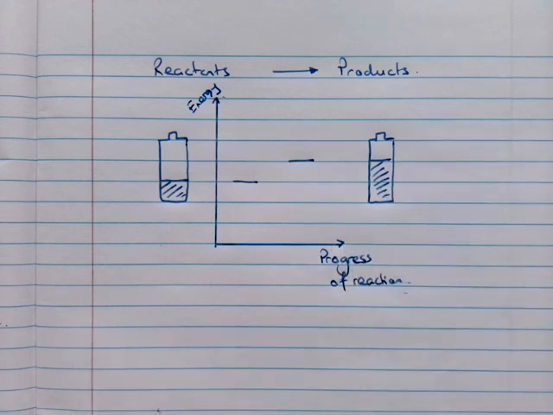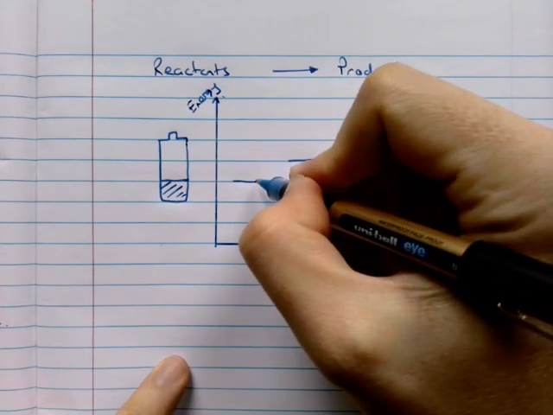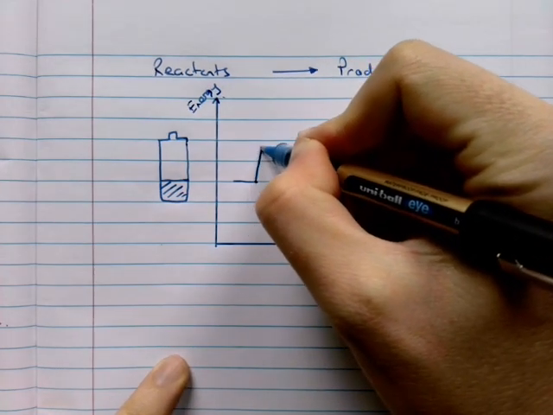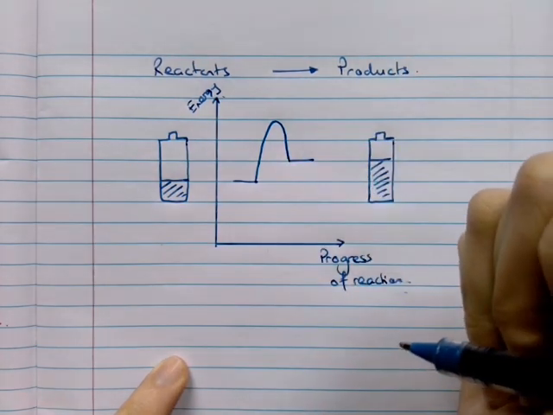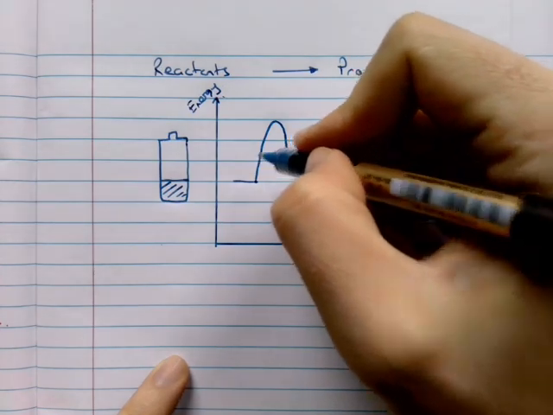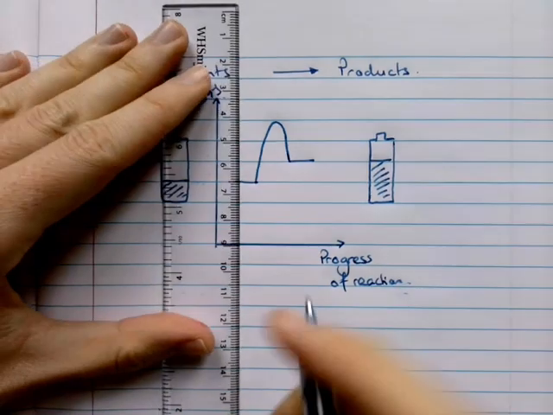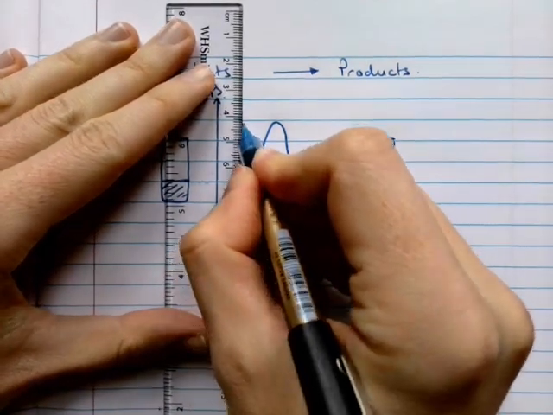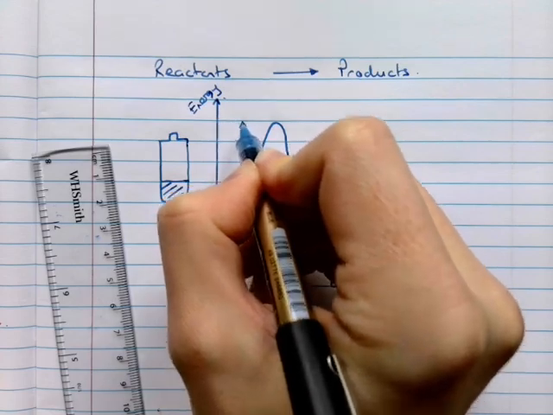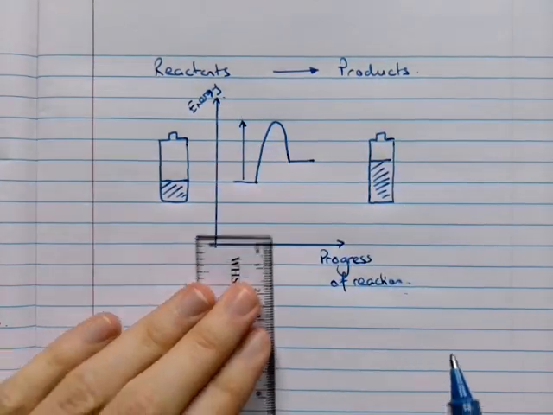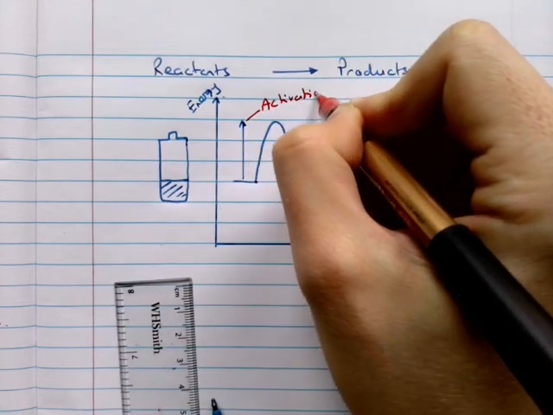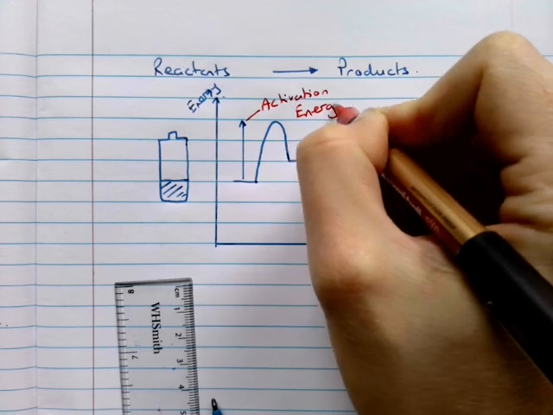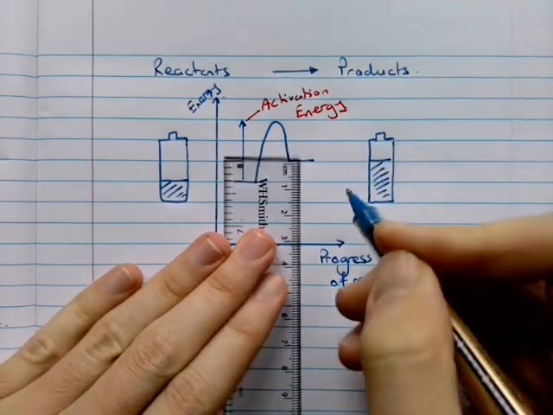So when we go from the reactants to the products, the first thing we do is we go up in energy and then we come back down. And we can say that this is the activation energy, and this is the energy change.